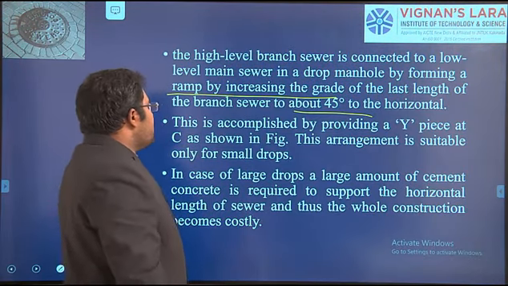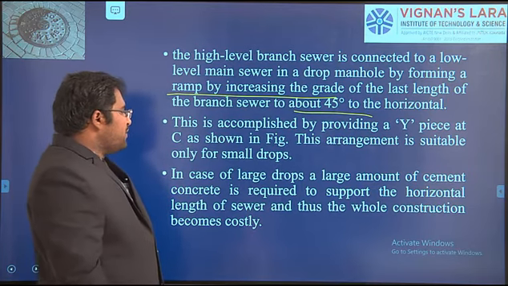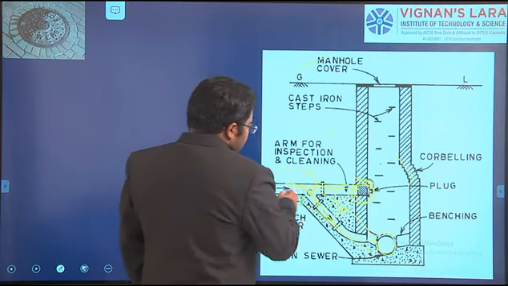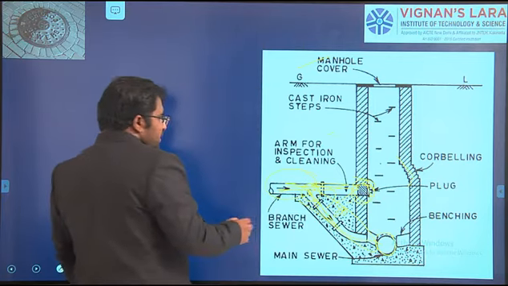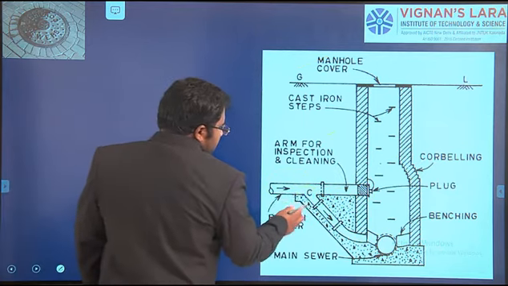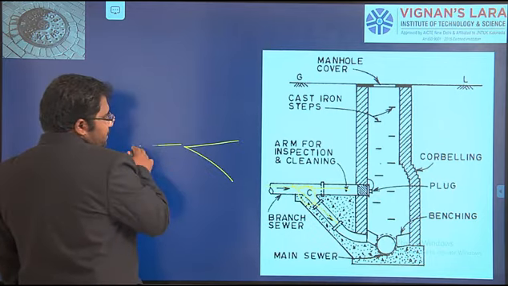This is accomplished by providing a Y piece at C, as shown in the figure. Here, this is the Y piece, this is the point C, and here we are going to provide the Y piece like this.